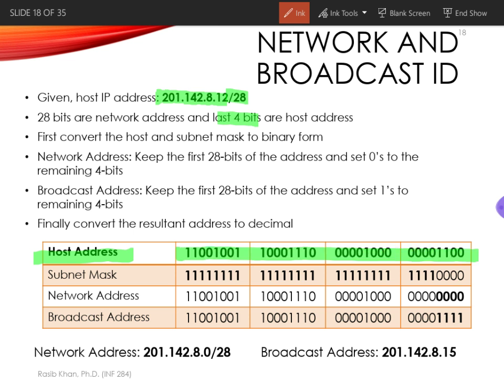right? So once we are done with that, we can pretty easily calculate the subnet mask by setting the first 28 bits to ones and the remaining 4 bits to zeros.